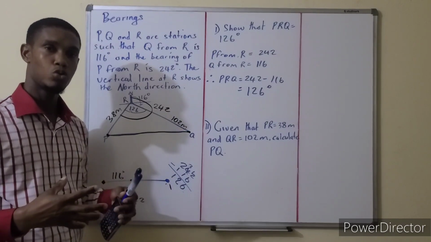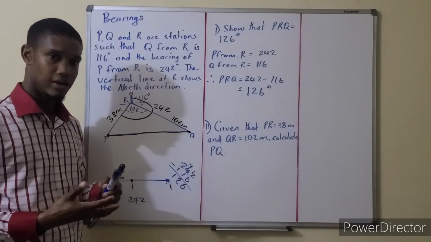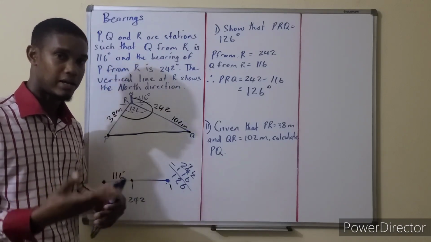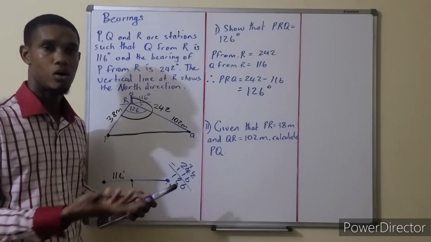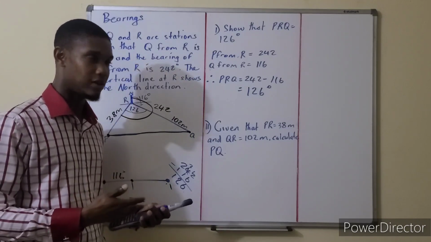Because the cosine rule deals with two sides and an enclosed angle, or you are given three sides and you need an angle. Because naturally, once you have three sides, it means that all the angles will be enclosed. So you can just simply manipulate the formula to get that value.